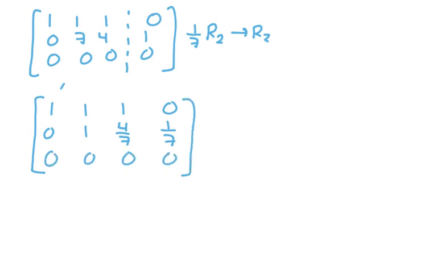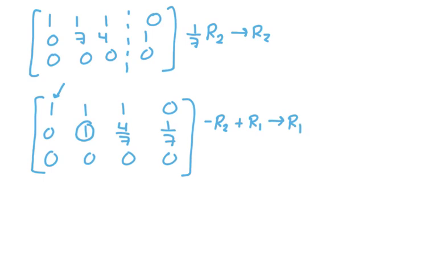Now, if we look at this leading 1, that's the only non-zero entry for that column. But if we look at this leading 1, it's not the only non-zero entry. So then the question becomes, well, how do we fix that? And how we fix that is I'm going to take negative row 2, I'm going to add it to row 1, and I'm going to put the result back into row 1.